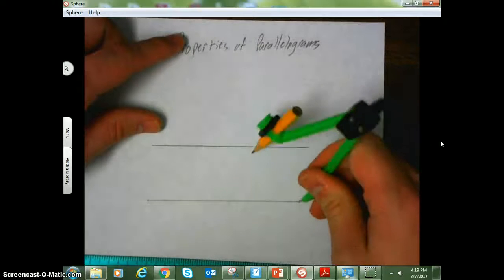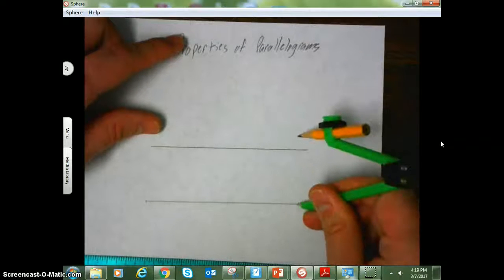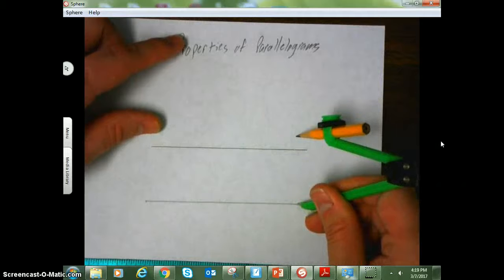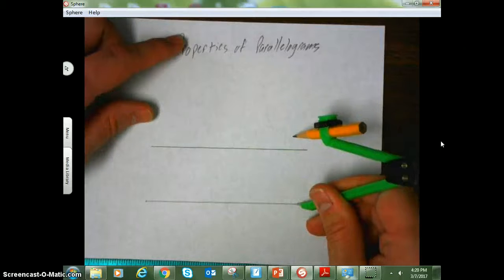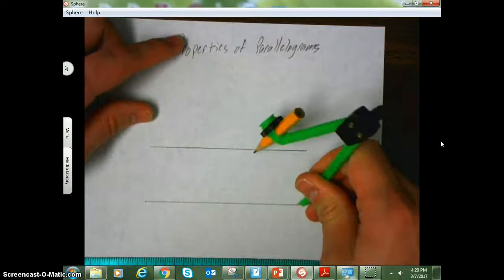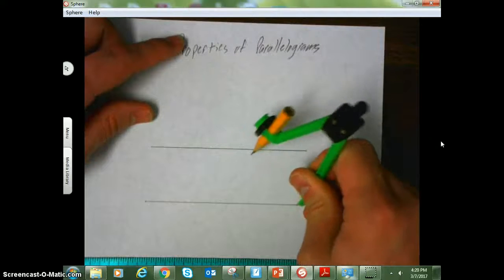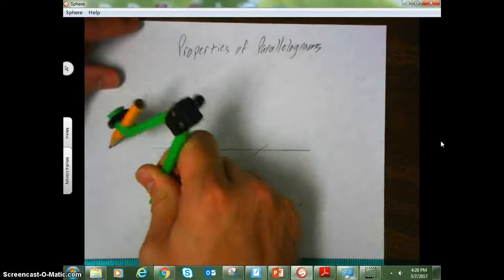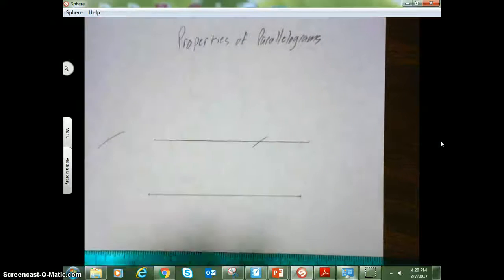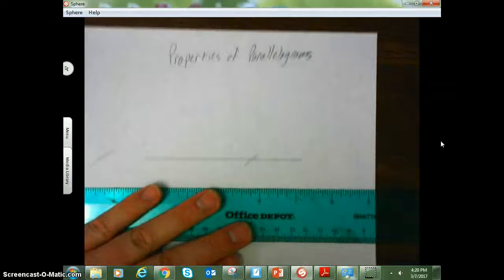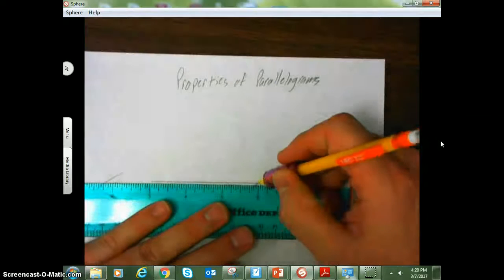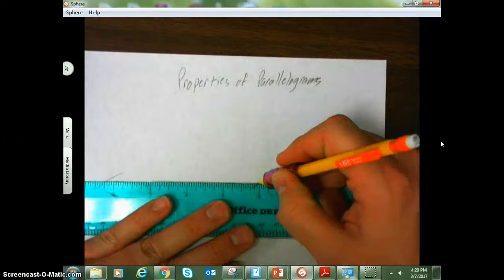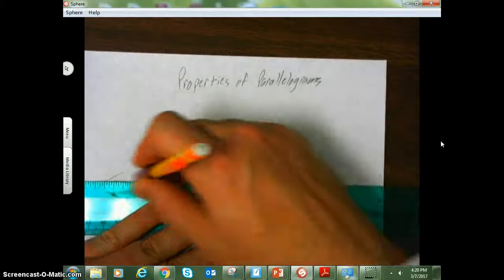I'm going to open up my compass somewhere past the width of the other line, make a mark like that, and make another one over here, but I need to extend my line up here a little bit further so I can see where they intersect.